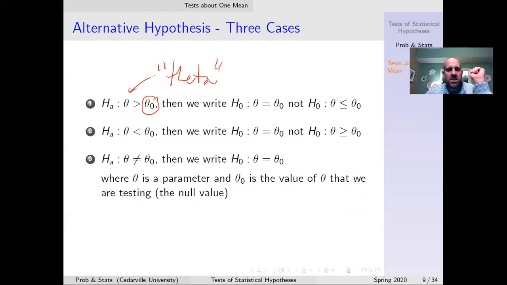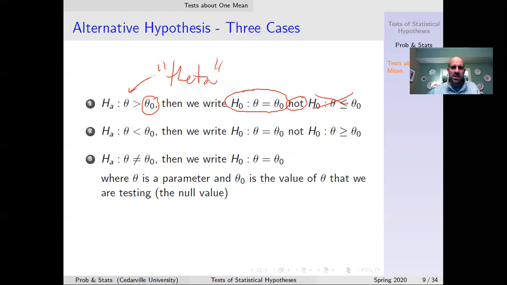So here the alternative hypothesis is that theta is bigger than theta naught. Then of course, the null would have to be theta equals theta naught. Okay, and I'm saying not right here just because it turns out in the literature more often than not, this one right here is never used. The null hypothesis is usually set up this way. Okay, so again, it just depends on the text that you happen to be in.